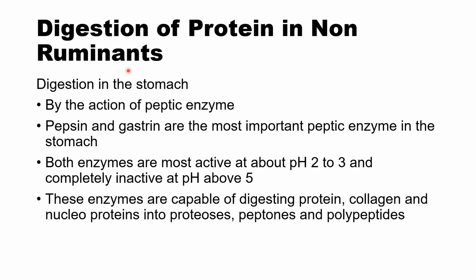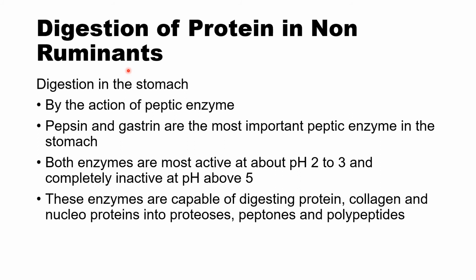So, sa mouth kasi, yung enzyme na yun is yung salivary amylase. Now, itong saliva pala ng mga animals, they don't contain yung tinatawag na proteolytic enzyme or yung mga enzymes that can break down protein. Kaya walang nagaganap na digestion ng protein doon sa mouth.